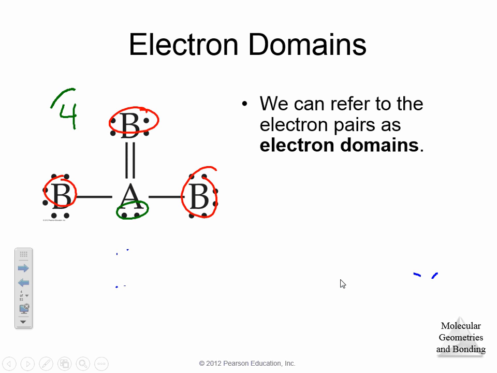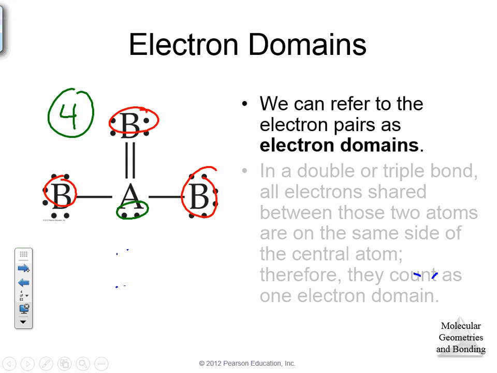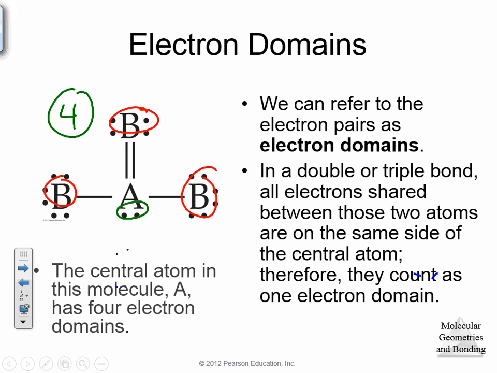So in this example, there are 4 electron domains. We are going to study electron domains 2, 3, 4, 5, and 6. So when we talk about electron domains in a double or triple bond, it doesn't matter because we're really talking about the number of atoms bonded to the central atom. So that's kind of what it comes down to with electron domains.